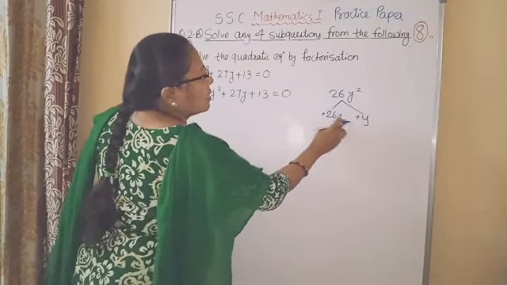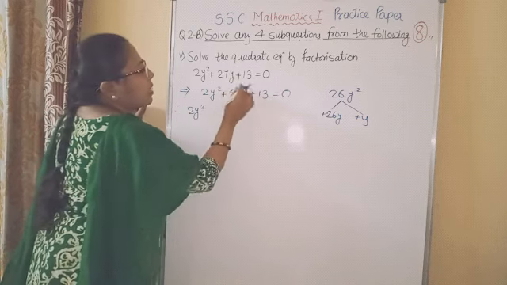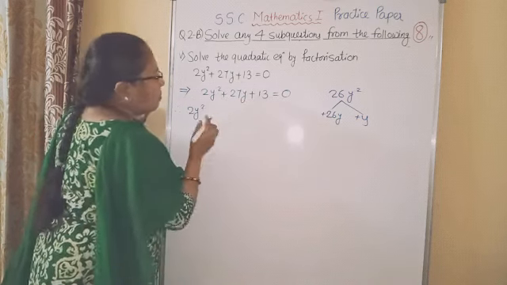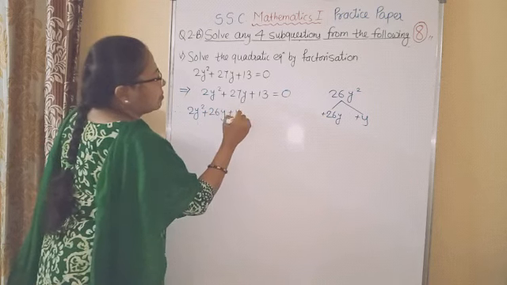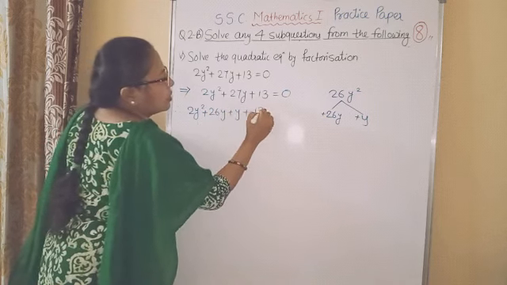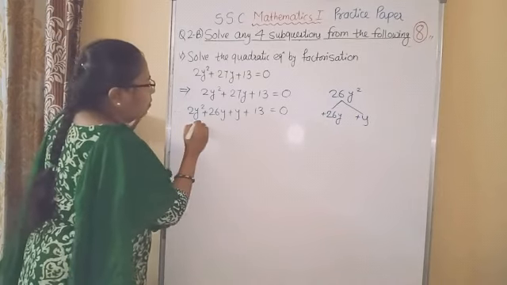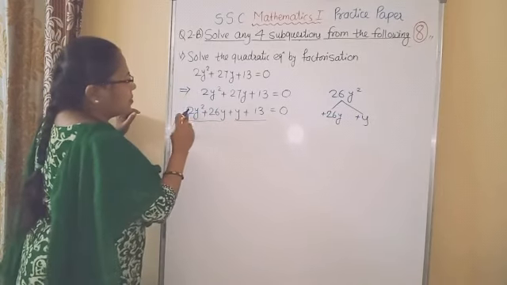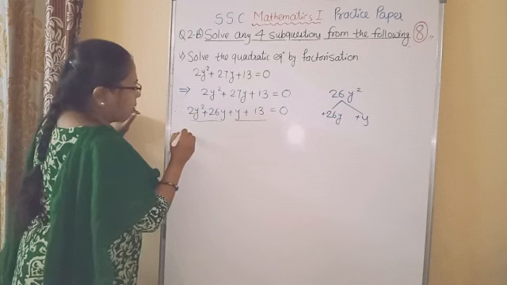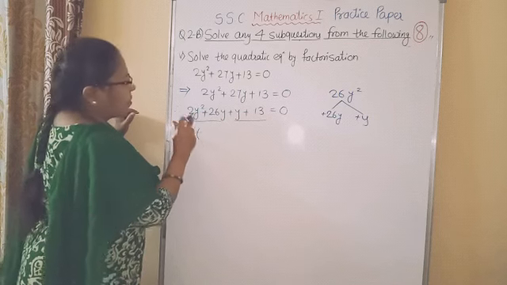Okay. First term 2y square. Now this middle term we have to split using these two factors: plus 26y plus y plus 13 is equal to 0. Now make groups of two terms. From the first group, from the coefficients take 2 as a common factor, and y, so 2y.